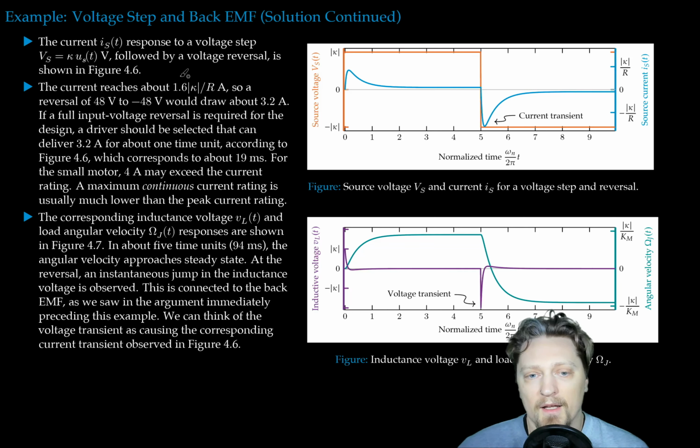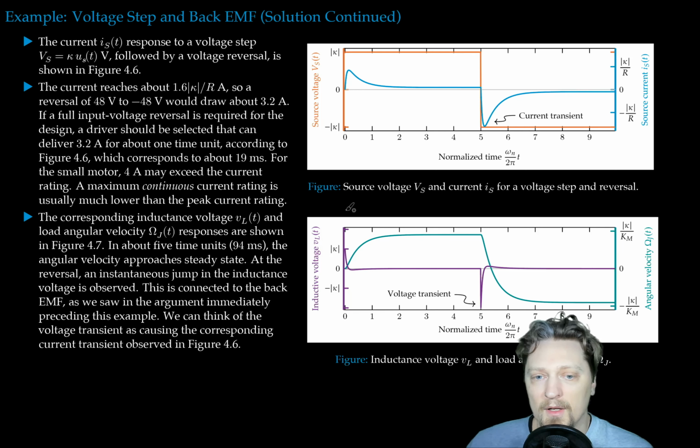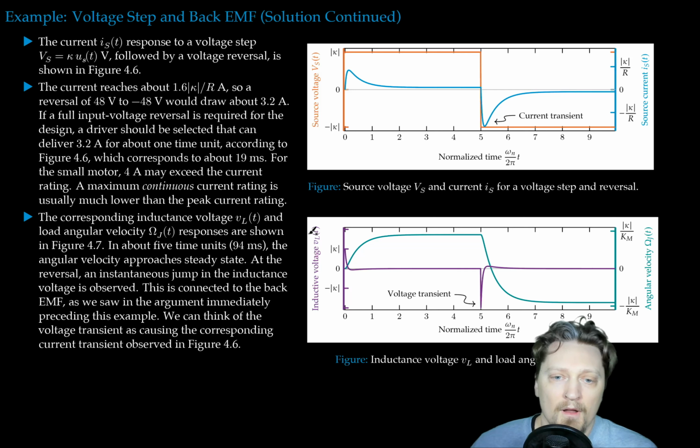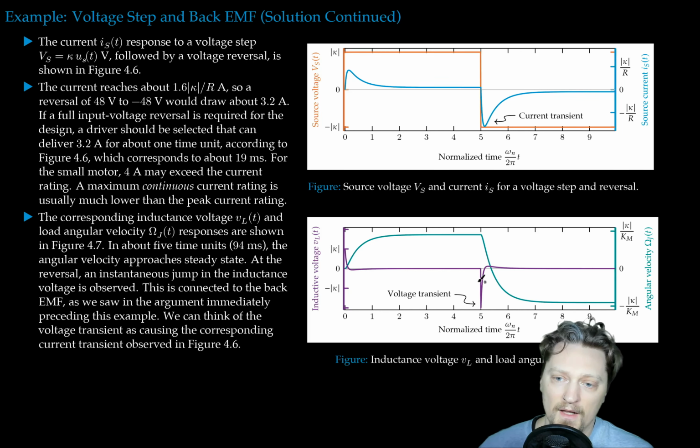The corresponding inductance voltage, VL, and load angular velocity, omega j, responses are shown in the lower figure. In about 5 time units, 94 milliseconds, the angular velocity approaches steady state. At the reversal, an instantaneous jump in the inductive voltage is observed. So that's this peak that we predicted.